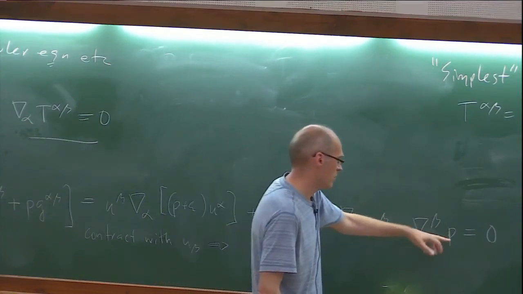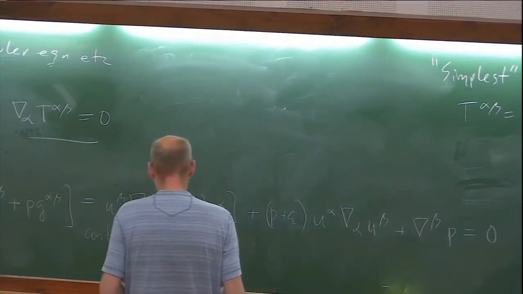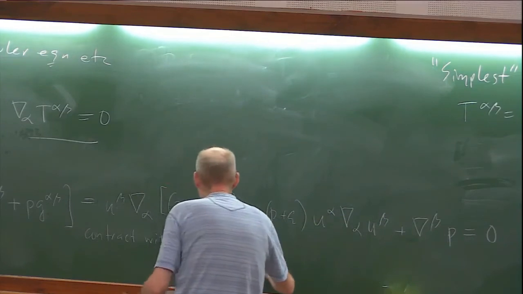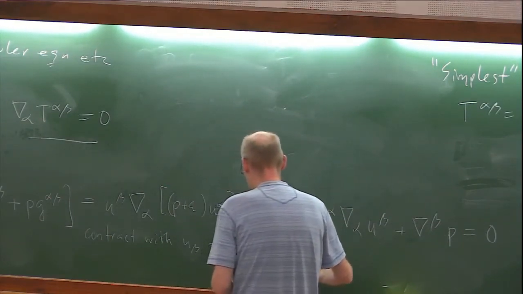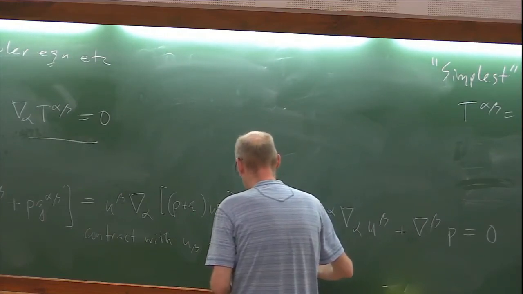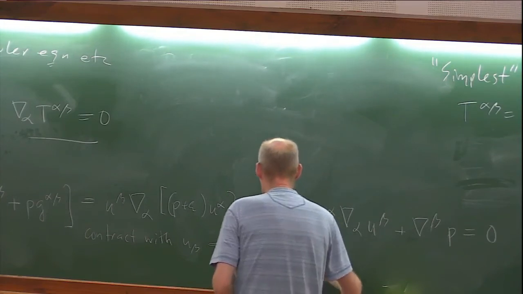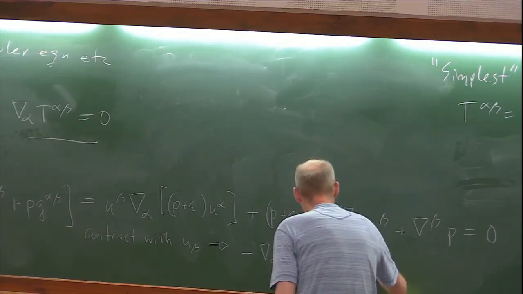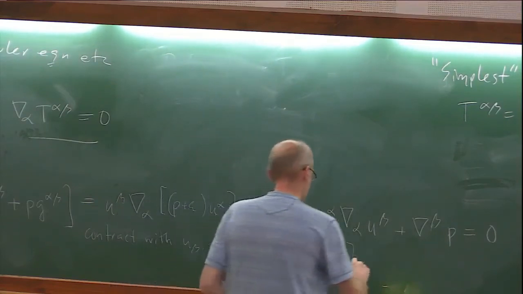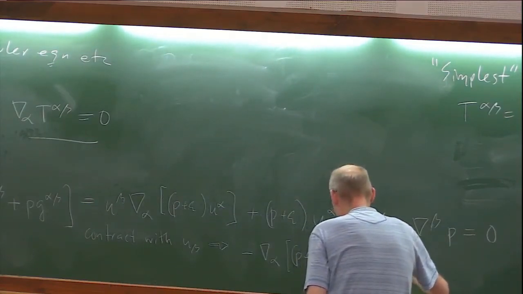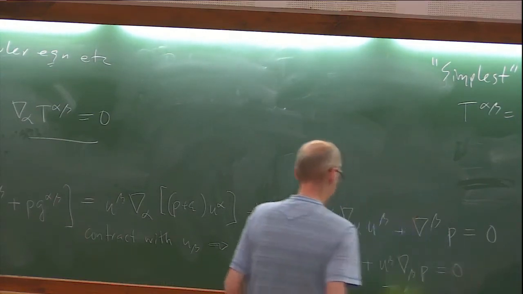The third term, well, it's just going to be something. So what does this give me? Well, it gives me minus the divergence of some flow, plus u beta grad beta of the pressure, and that has to vanish.